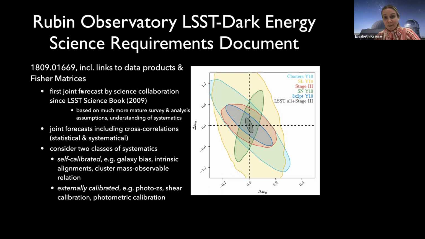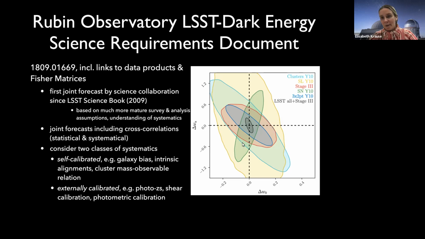These joint forecasts include cross-correlations, the statistical and systematic ones in the covariance, and shared systematics. For the systematics, we consider two classes: self-calibrated ones, that is galaxy bias, intrinsic alignments, and the cluster mass observable relation; and those that are externally calibrated, that is photometric redshifts, shear calibration, and photometric calibration.